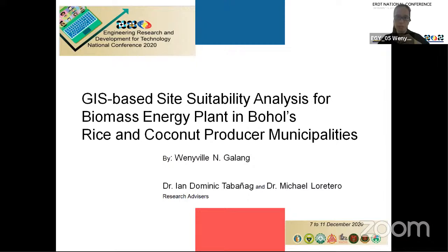So production yield was not part of the criteria. Anyway, that kind of data can be utilized in knowing the theoretical availability of agricultural residues that can be used for biomass energy. But since this is focused more on identifying the specific site for putting up the plant, only those four mentioned criteria in the study were considered.